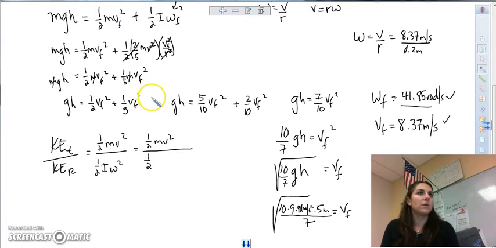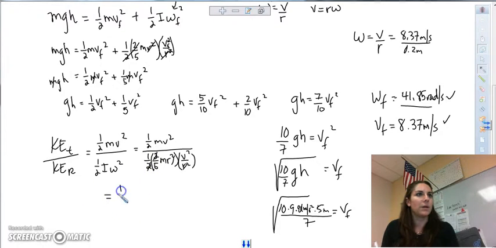I is still 2/5 mr squared, and omega squared is going to be v squared over r squared, so that I can cancel out the r's. These cancel out.